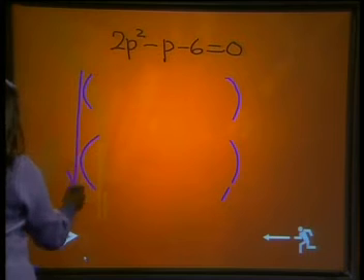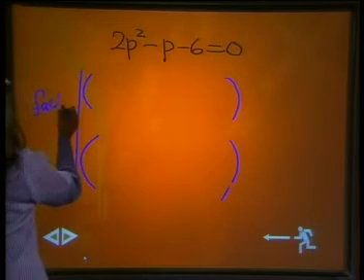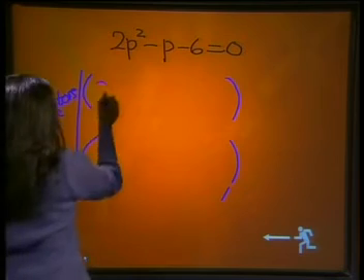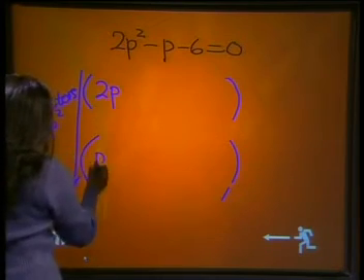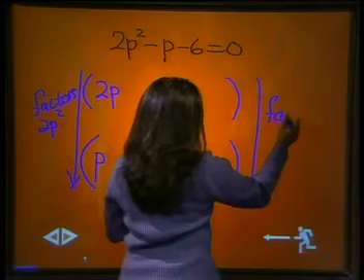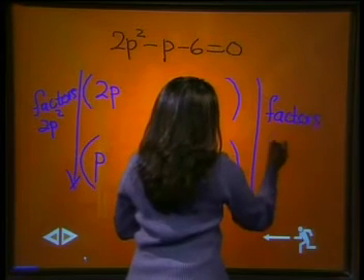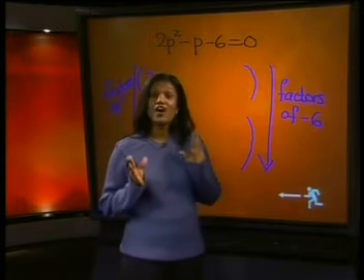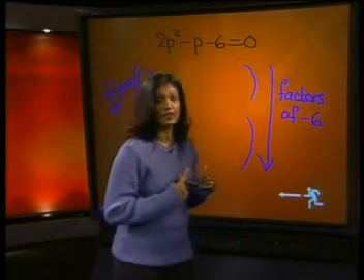On this side, I will find the factors of 2p squared. I'll write 2p and p here. On this side, we will work out the factors of minus 6. Now, there are many possible factors of minus 6. Let's work them out now.